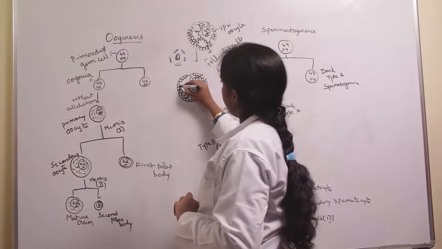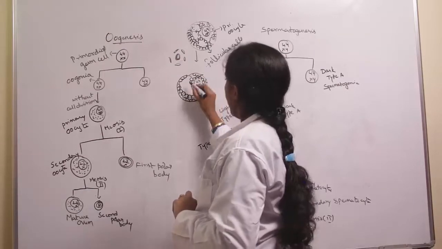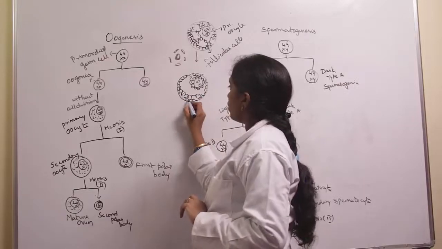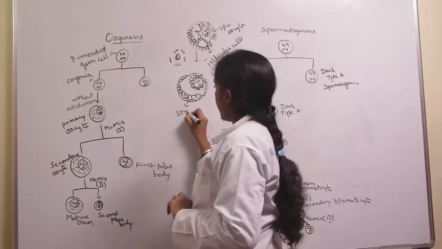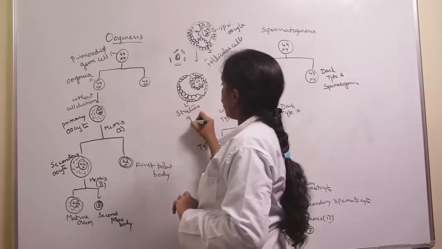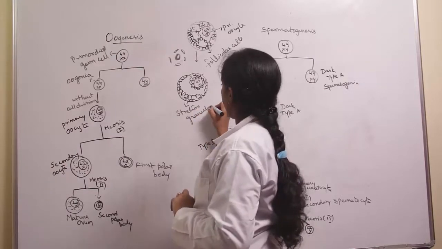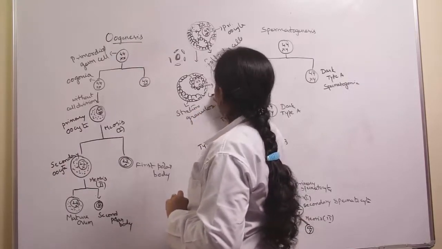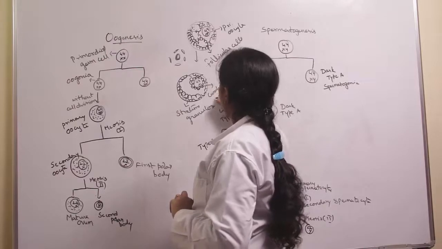The outer layer of follicular cells we call stratum granulosum, and the inner layer we call cumulus oophorus.